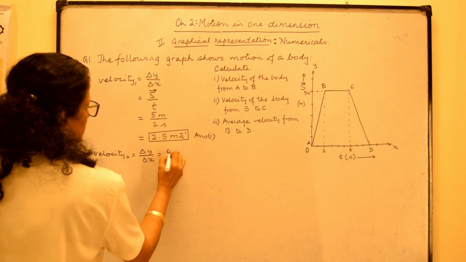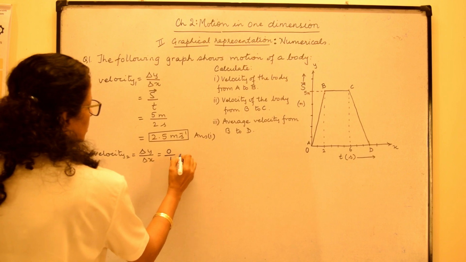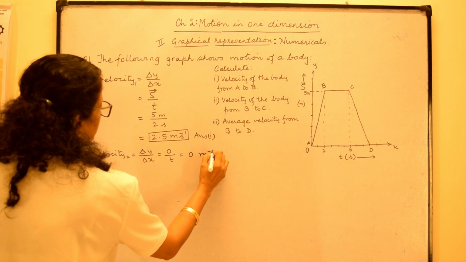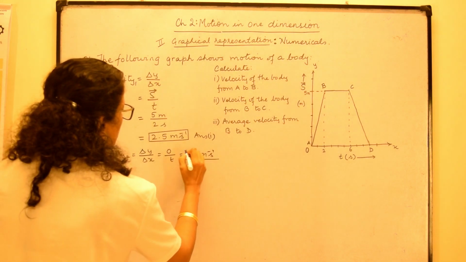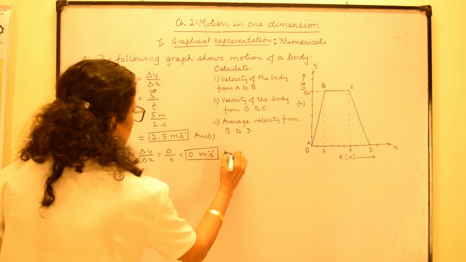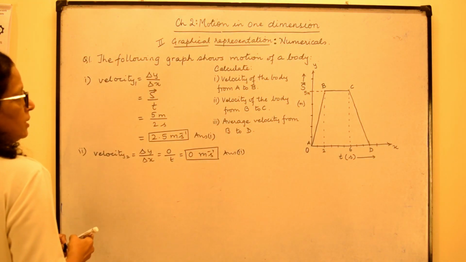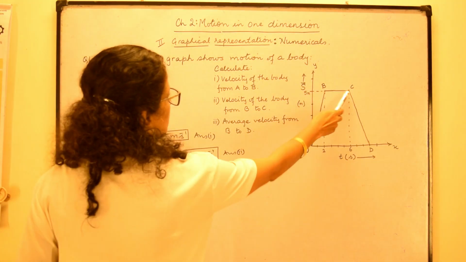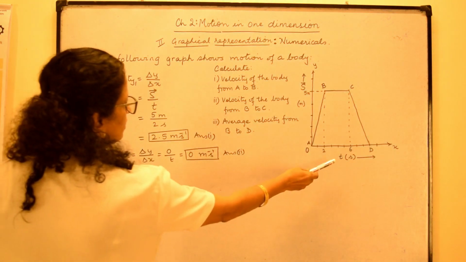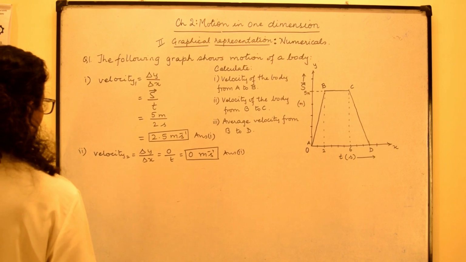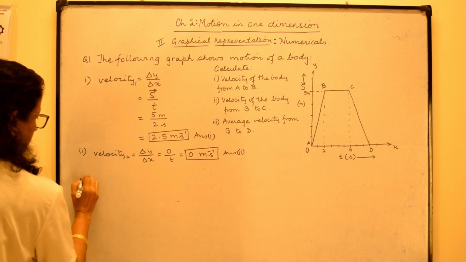So you will have 0 upon t, which is equal to 0 meter per second, and that becomes our answer 2. You could also say that since the displacement remains constant with respect to time, the body is at rest during that time.